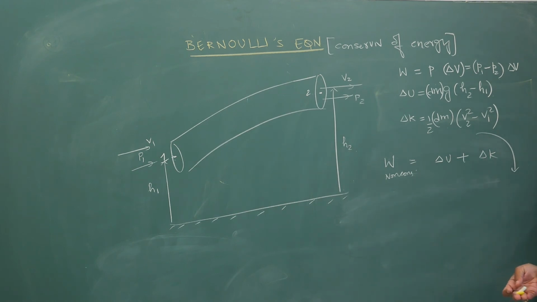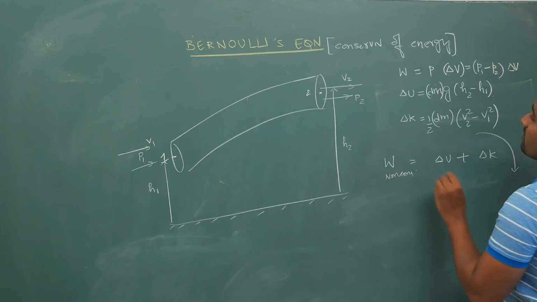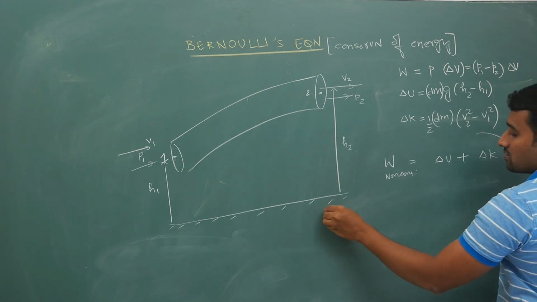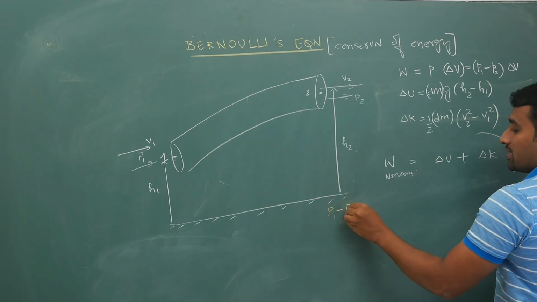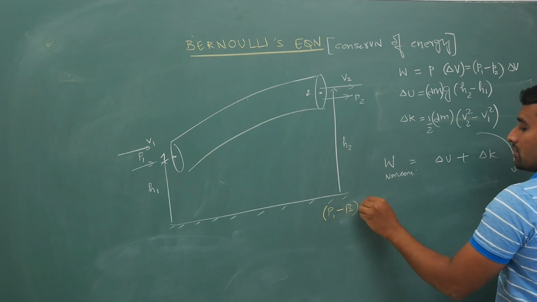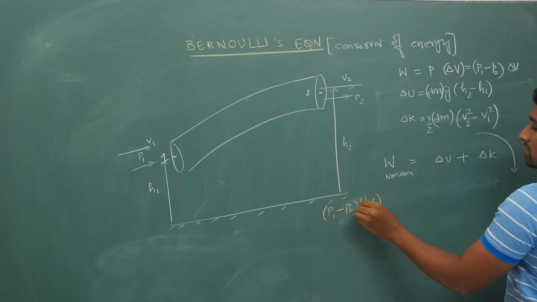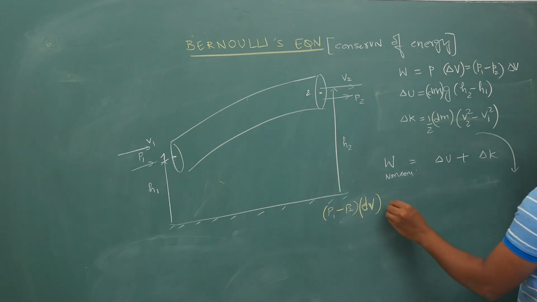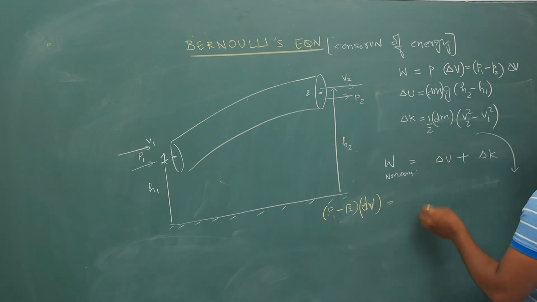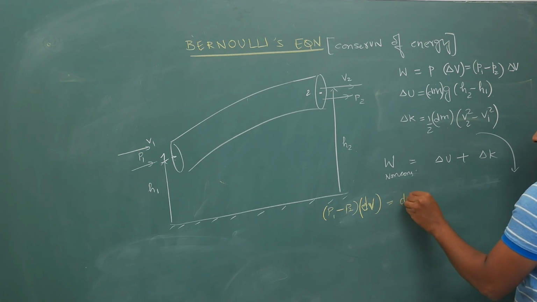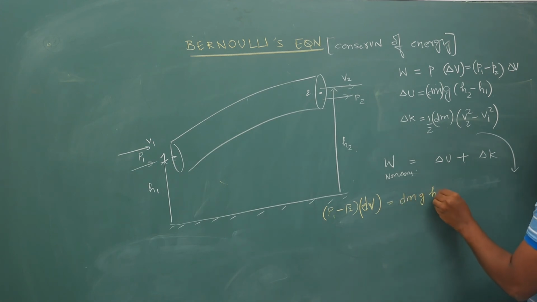People will get confused, so I will write these steps. P1 minus P2 into dV, I will write instead of delta V, for small displacements, is equal to dm into g into h2 minus h1 plus half of dm into v2 square minus v1 square.